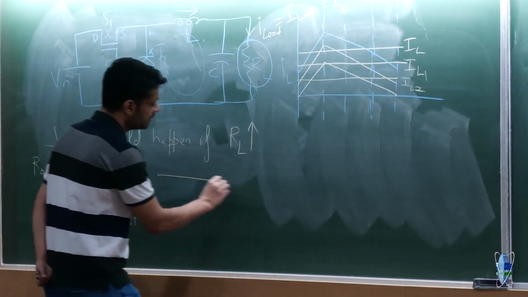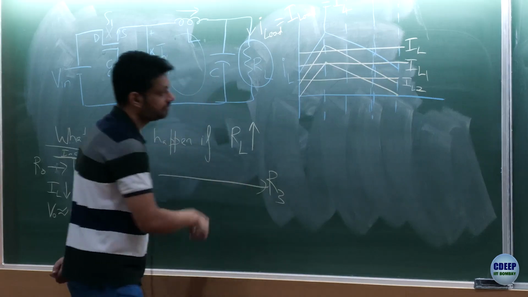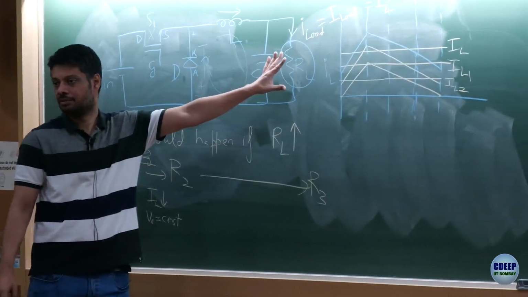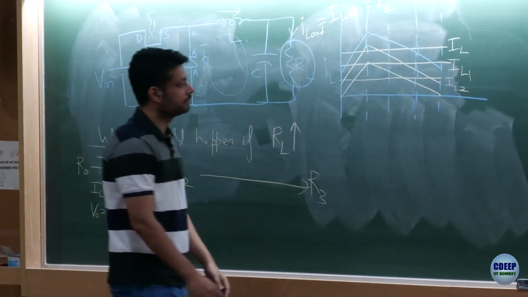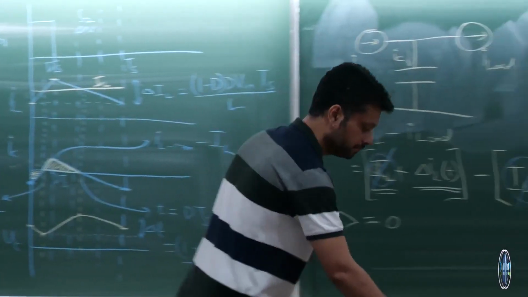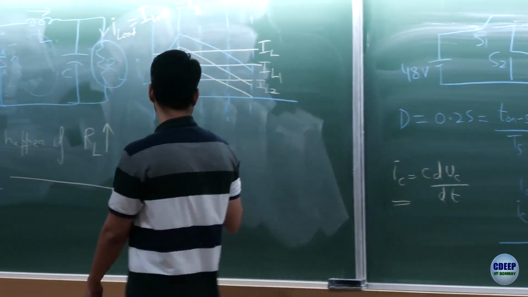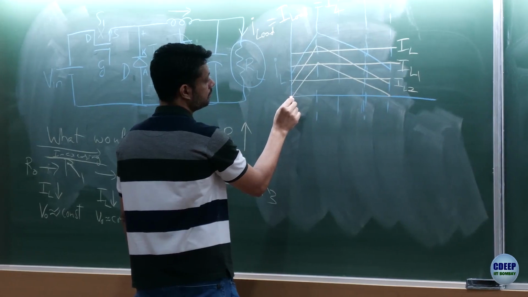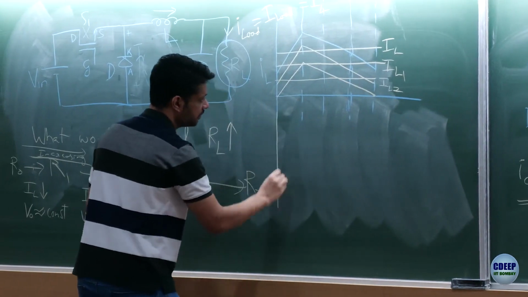Now let's take a big jump from here and go to R3. Really large value. The average current has to be really small. Let me draw it separately now, not in the same graph.